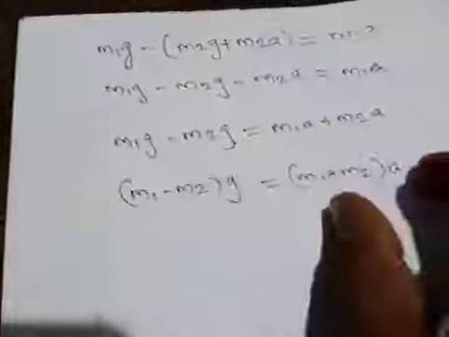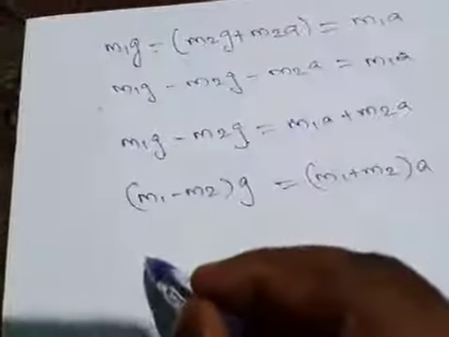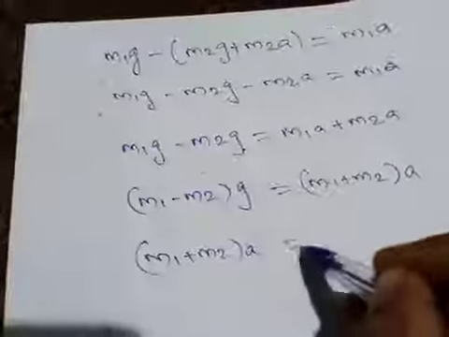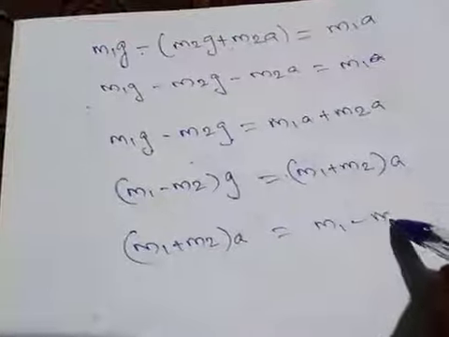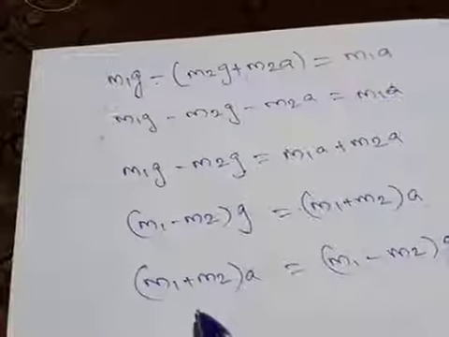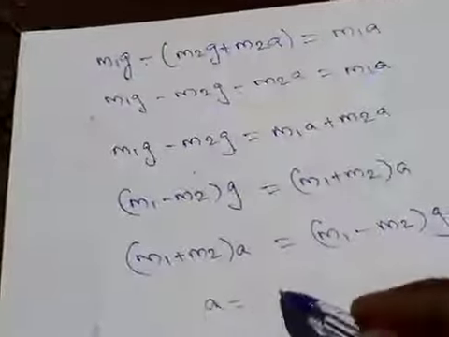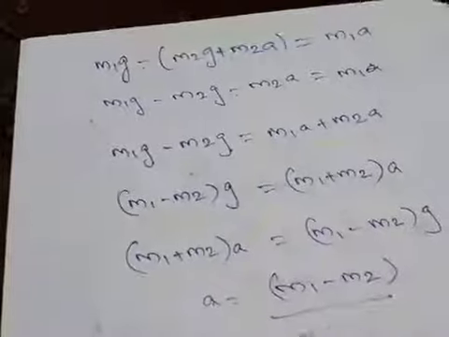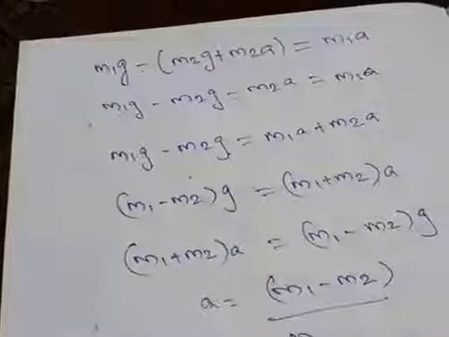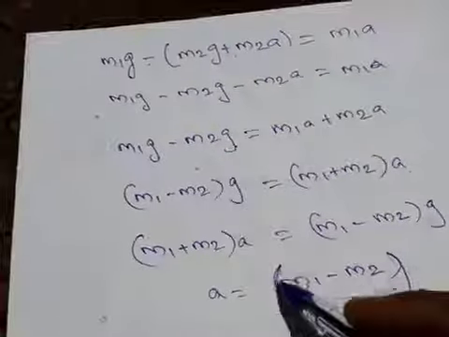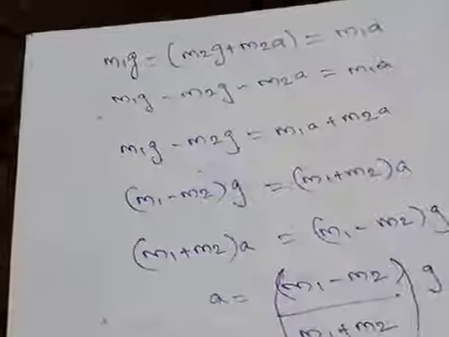So rearrange, bring this a to this side. We are finding acceleration, so M1 plus M2 into a equal to M1 minus M2 into g. Now a is equal to M1 minus M2 divided by M1 plus M2 into g. This is equation 3.